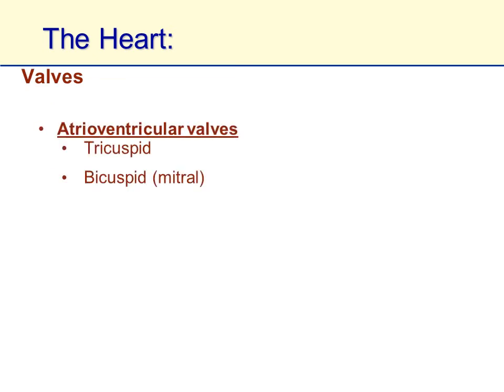The valves are of different types. Atrioventricular valves, من اسمها atrioventricular, راح تكون بين الأتريا وبين الventricles. We have the tricuspid valve and bicuspid or mitral valve.